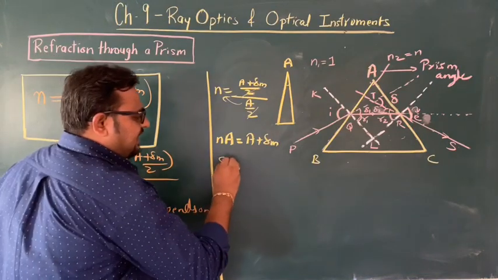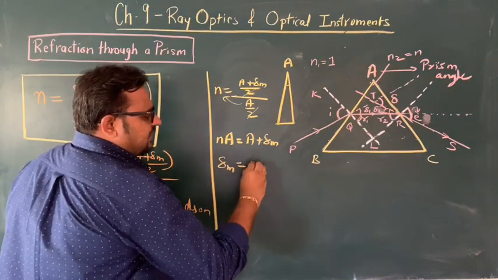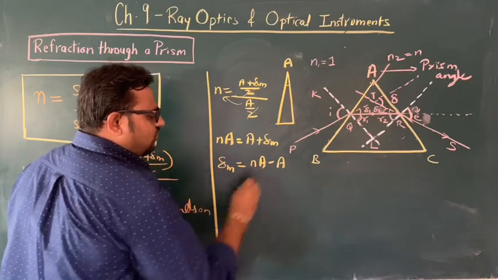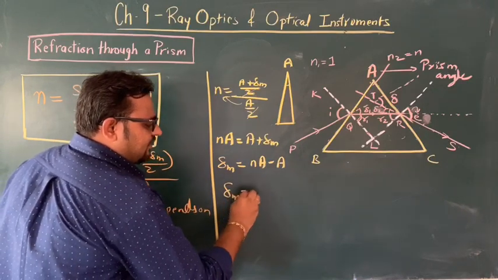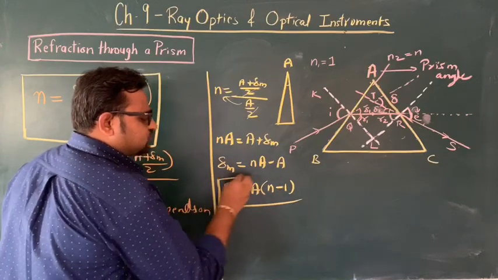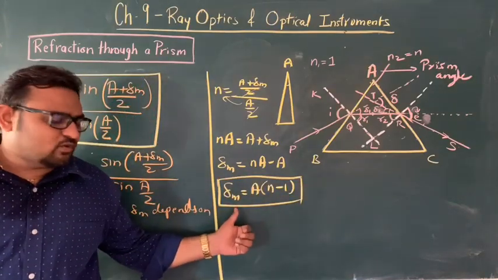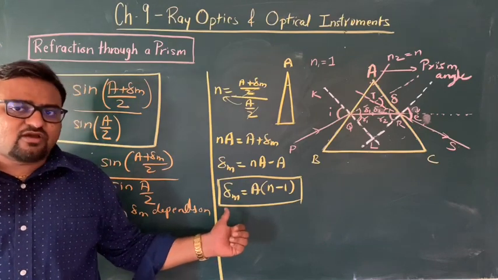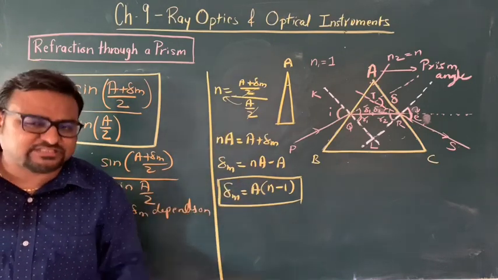So delta m will be equal to nA minus A, or delta m will be equal to A into (n minus 1).